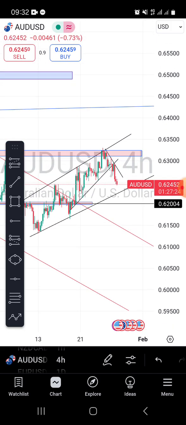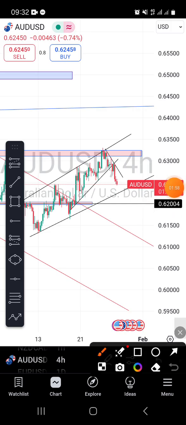So we have our first touch, our second touch, and possible third touch. We already have a kind of uptrend forming on AUD USD after the breakout of the downtrend channel.